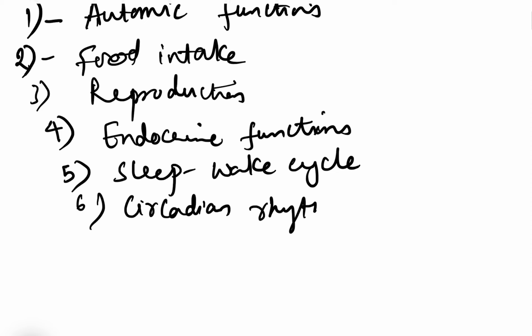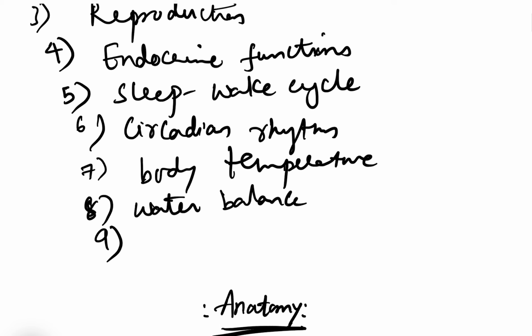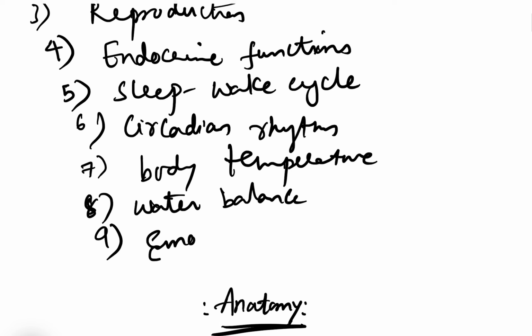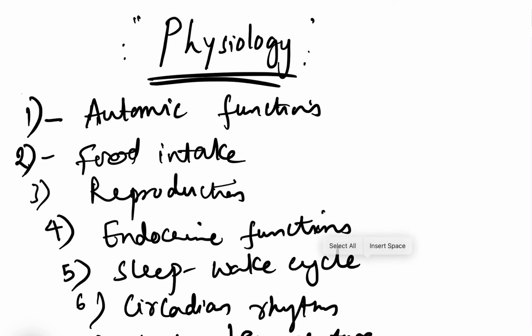Finally we have seen it helps in maintaining the body temperature, the water balance, and also the emotional and instinctual behavior. So many functions. These are the very important functions of the hypothalamus.